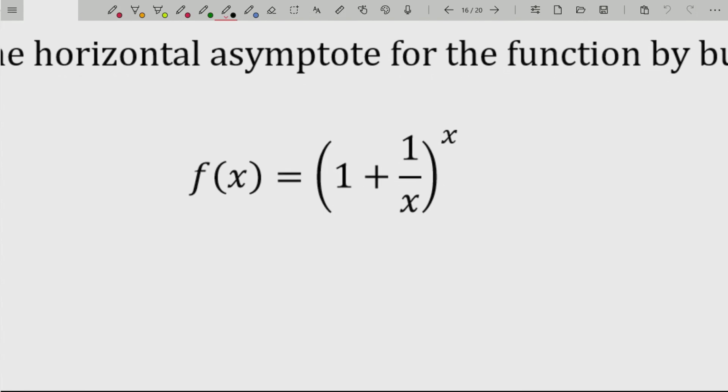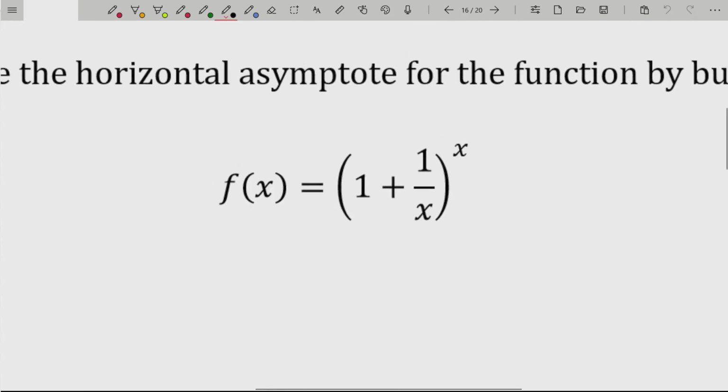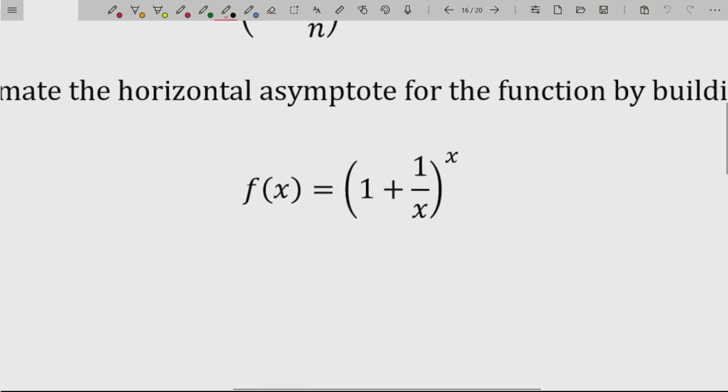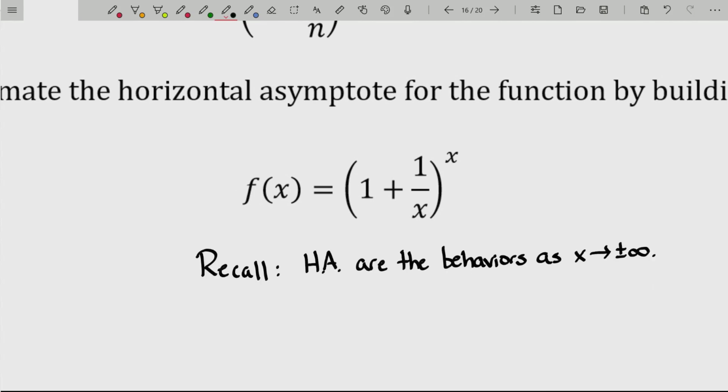They go over the continuous real number system. So you can plug in any value between, let's say, 1 and 2. You should be able to at least. And so because of that, we don't want to just use n's. That's why we choose x's. But we want to look at the horizontal asymptote for this function. And recall, horizontal asymptotes are the behaviors of the function as x runs off to positive or negative infinity. That already starts the calculus right there.